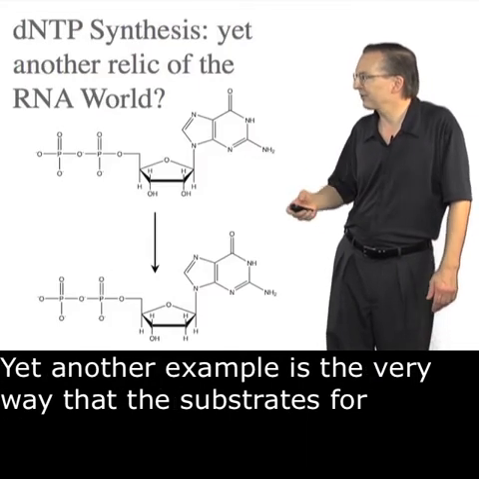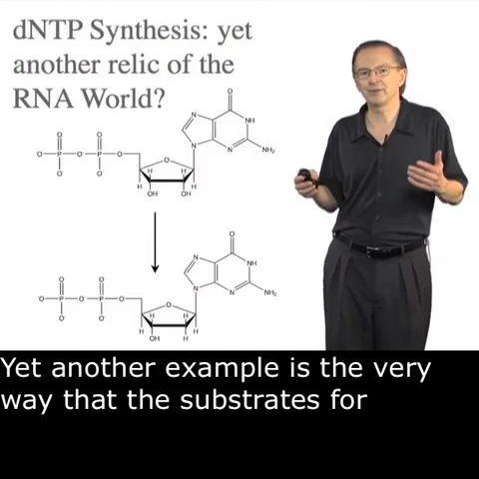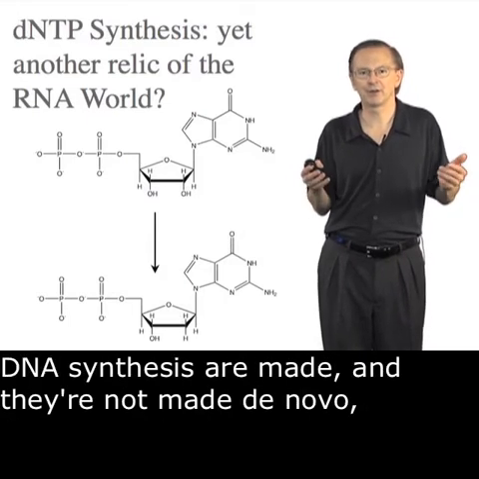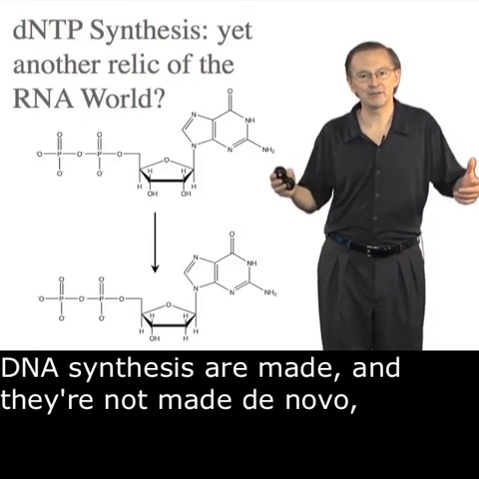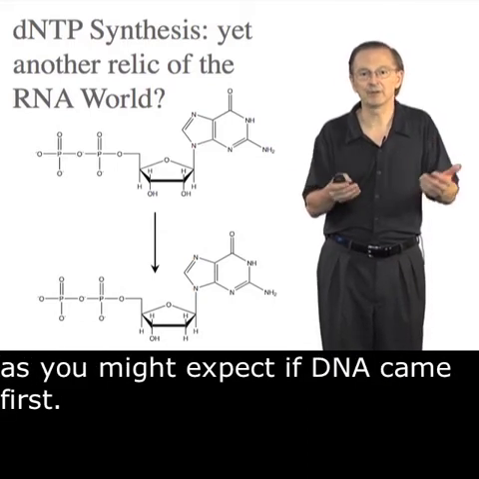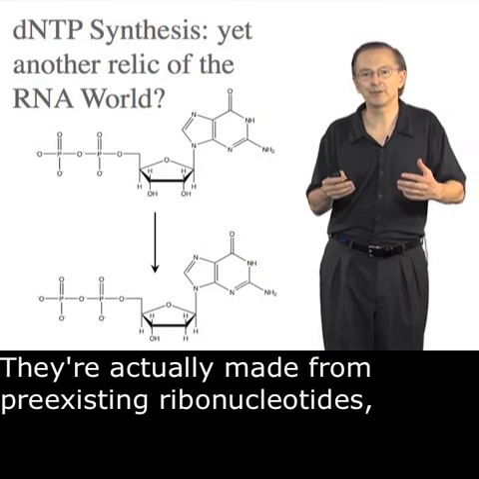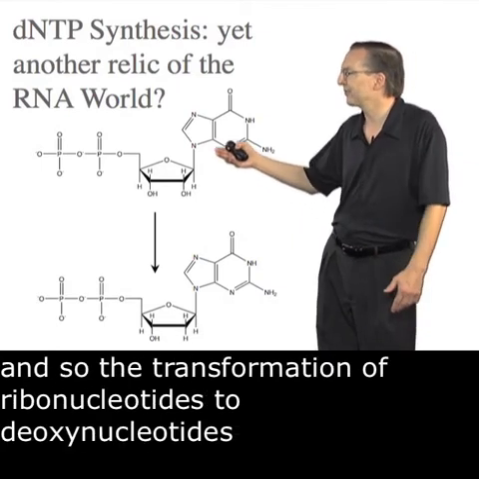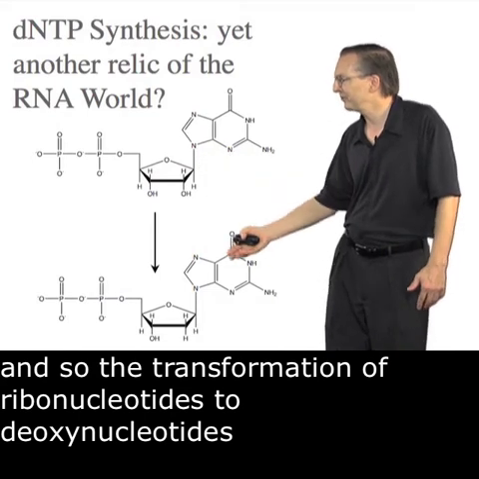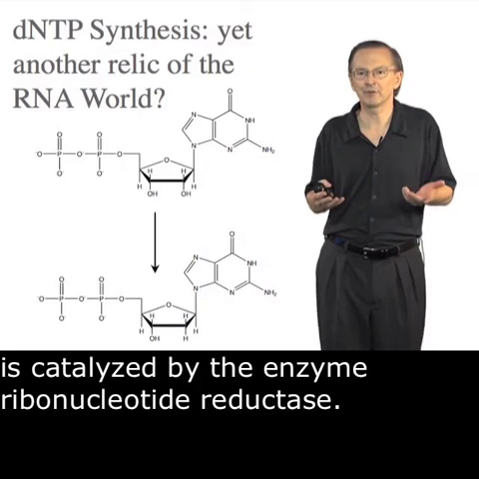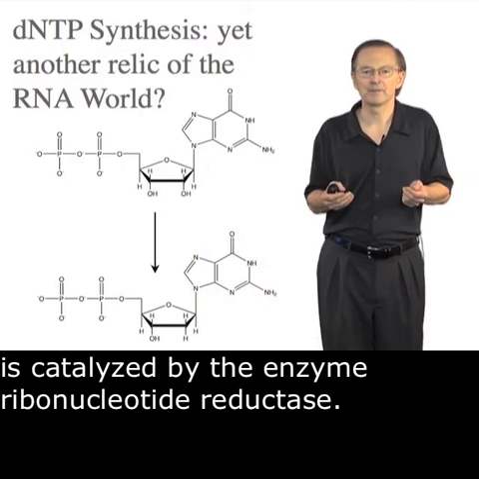Okay. Yet another example is the very way that the substrates for DNA synthesis are made. They're not made de novo, as you might expect if DNA came first. They're actually made from pre-existing ribonucleotides. The transformation of ribonucleotides to deoxynucleotides is catalyzed by the enzyme ribonucleotide reductase.